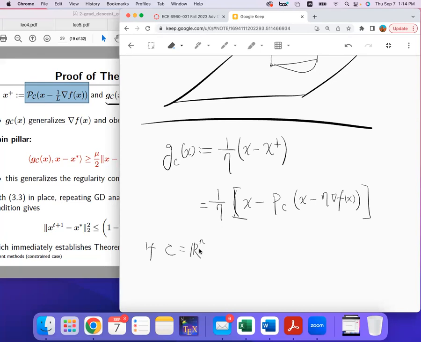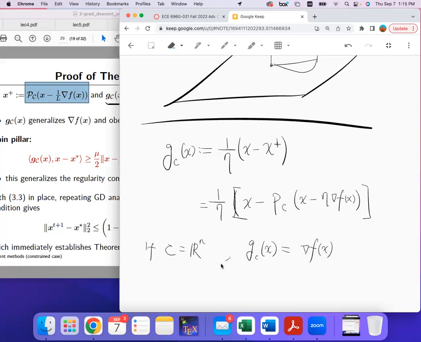It simply preserves this point. In that case, we can just ignore it. Projection is simply this point, and you have x minus x plus. The x cancels out, eta cancels out, so G_C(x) becomes the gradient.